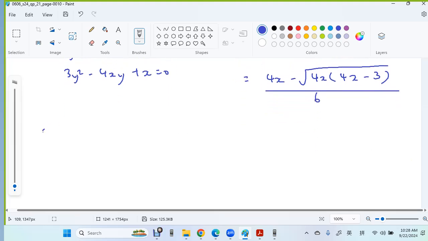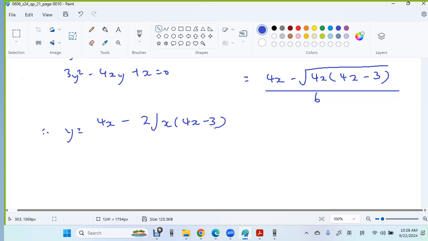So the y will be 4x minus 2 square root of x times (4x minus 3) over 6.